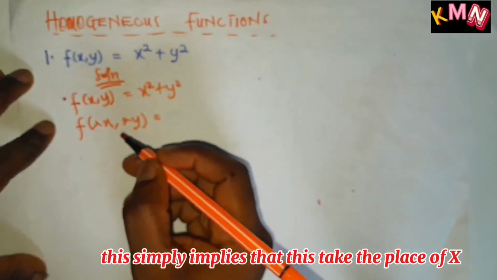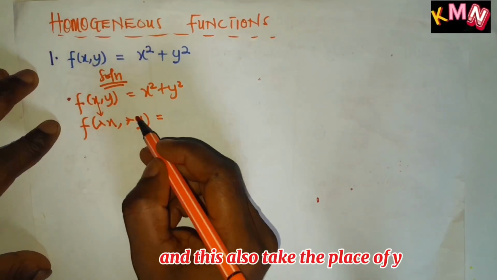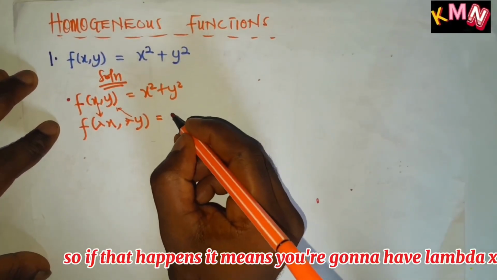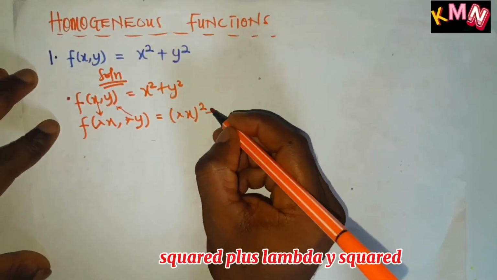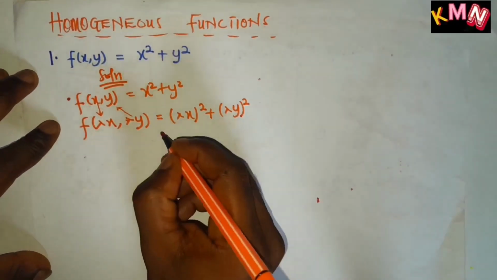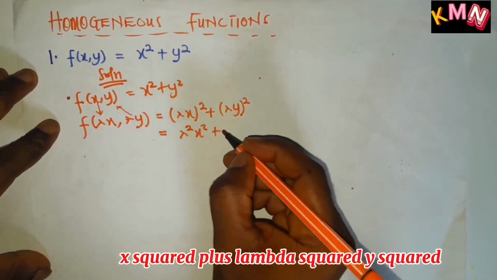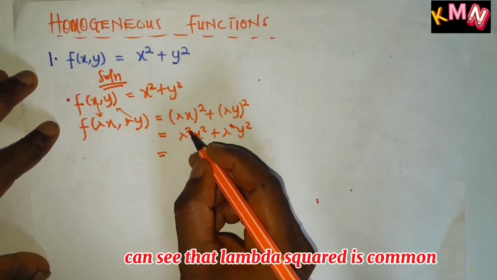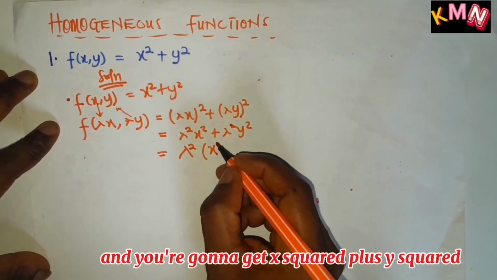This simply implies that this takes the place of x and this takes the place of y. So we are going to have (λx)² + (λy)², which gives λ²x² + λ²y². Lambda squared is common, so it will be factorized out and we are going to get x² + y².